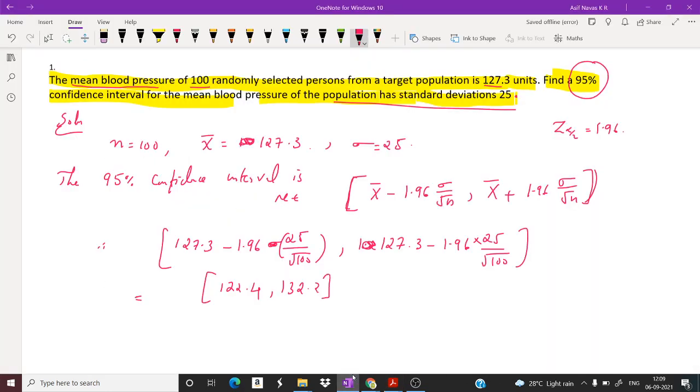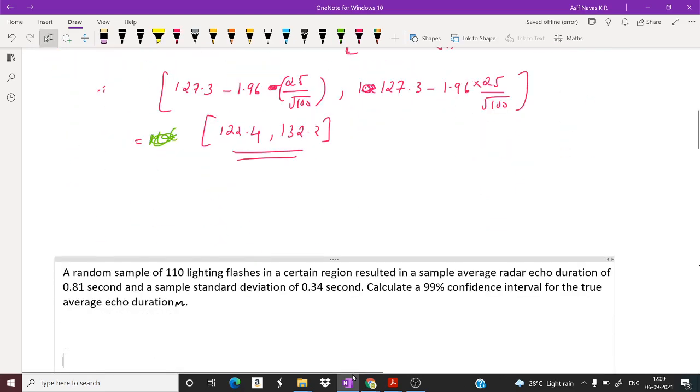So this is the confidence interval. That means the mean mu belongs to this interval with a confidence of 95%. That means there is a 95% chance that the population mean will be in this interval. Similarly, you find this.